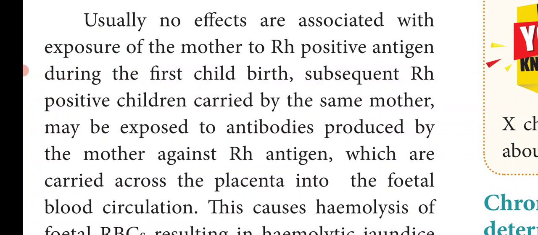For example, the mother gets pregnant for the second time, and if the fetus is Rh positive, the fetus carried by the same mother may be exposed to the antibodies produced by the mother against Rh antigen, which are carried across the placenta into the fetal blood circulation.